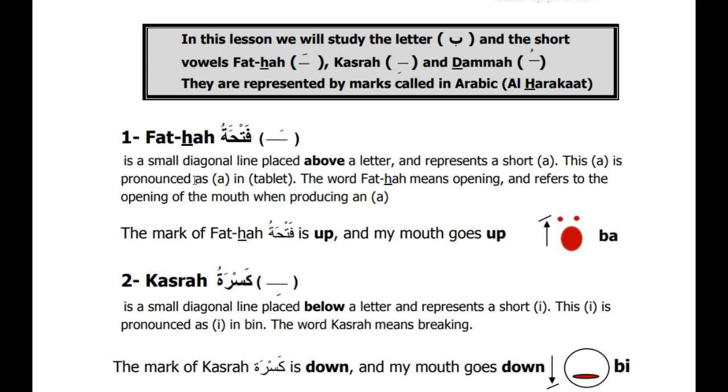This a is pronounced as a in tablet. Tablet. Okay. You don't want to pronounce it like bar. You want to pronounce it smiley, with your muscles relaxed, and simply say tablet. Okay, this is smiley a.